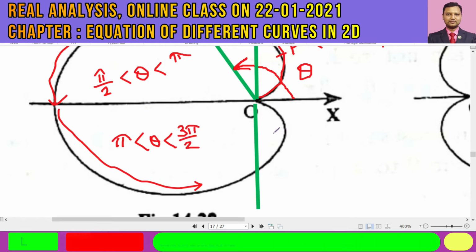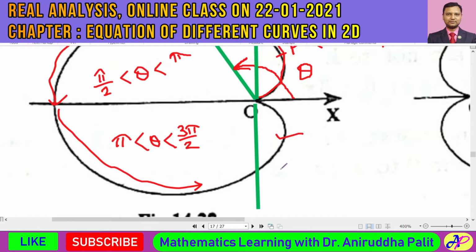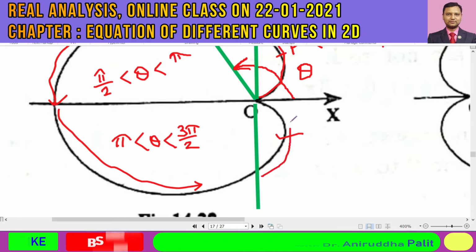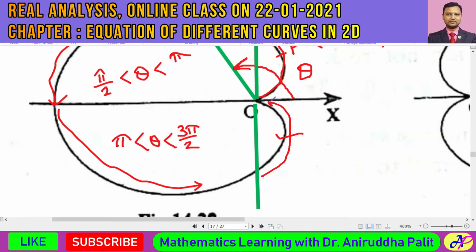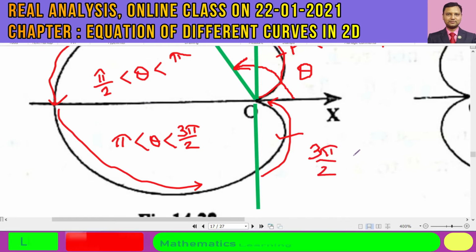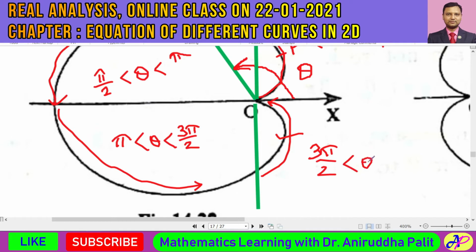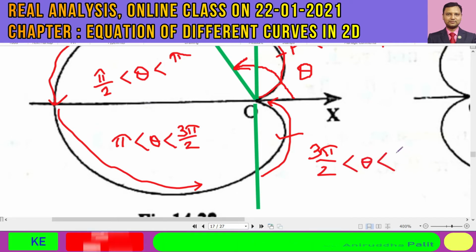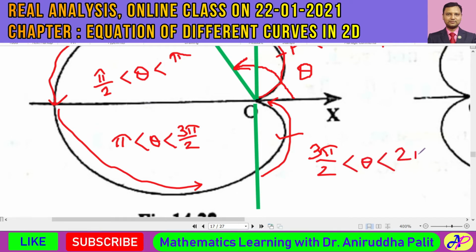And in this zone, when P further increases and comes back to this pole O, theta is greater than 3 pi by 2 and less than twice pi.